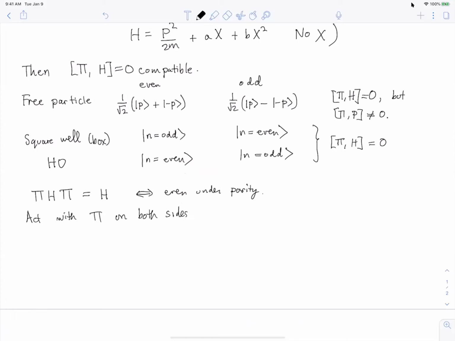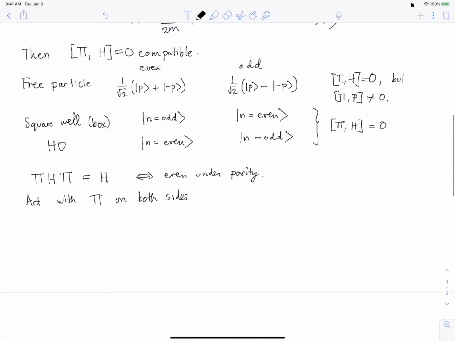Okay, and pi squared is equal to the identity operator. So from this equation, we get that Hamiltonian pi equals pi Hamiltonian. And this is the statement that they commute. I just rewrite it as H pi minus pi H equals 0.